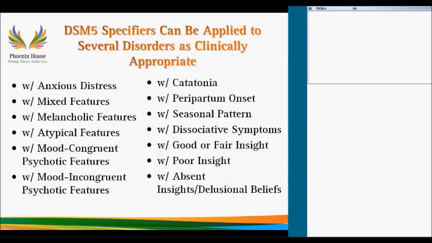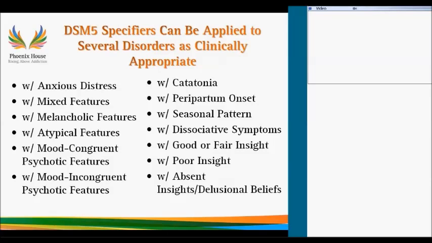Other specifiers that I think are a pretty big change for this manual is that now there are specifiers that can be applied to several different disorders as clinically appropriate. My understanding is that there's been an enormous amount of evidence indicating, with things like bipolar disorder, that people who have a diagnosis of bipolar disorder also suffer from panic attacks, but may not have met full criteria of panic disorder, and how do you diagnose that?